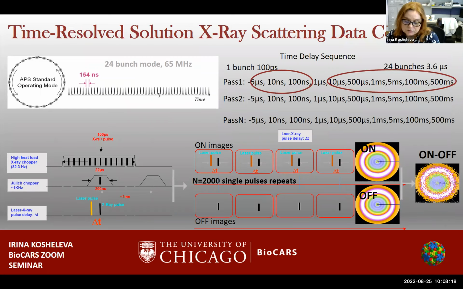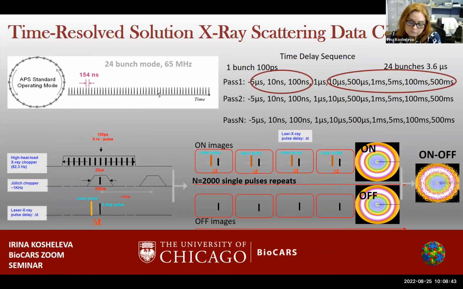Here I will speak a little bit about how we collect the data. As I discussed earlier, in standard 24 bunch mode, there are 24 100 picosecond X-ray pulses evenly distributed over 3.6 microseconds. And the spacing between them, as in this picture, is about 150 nanoseconds.